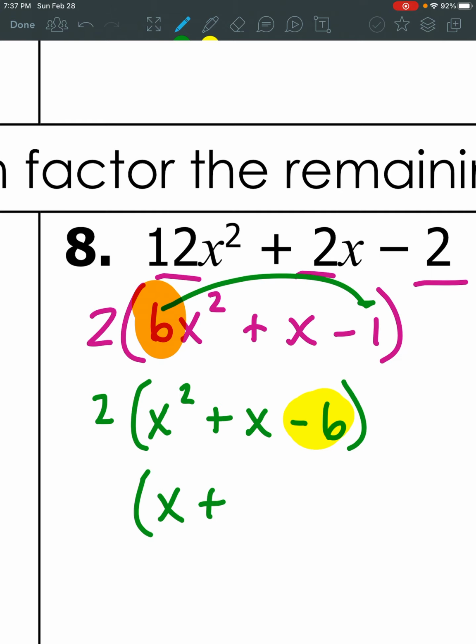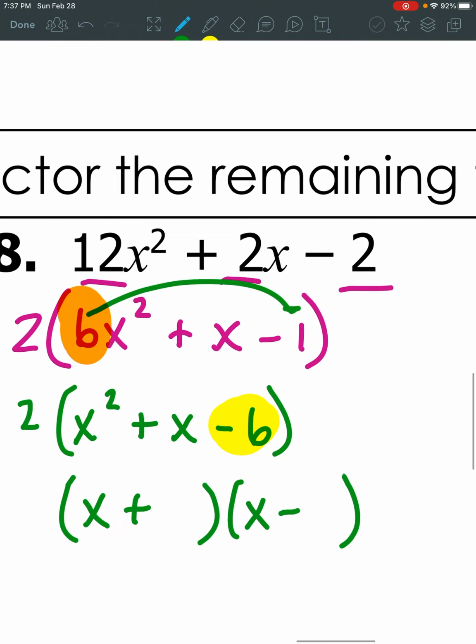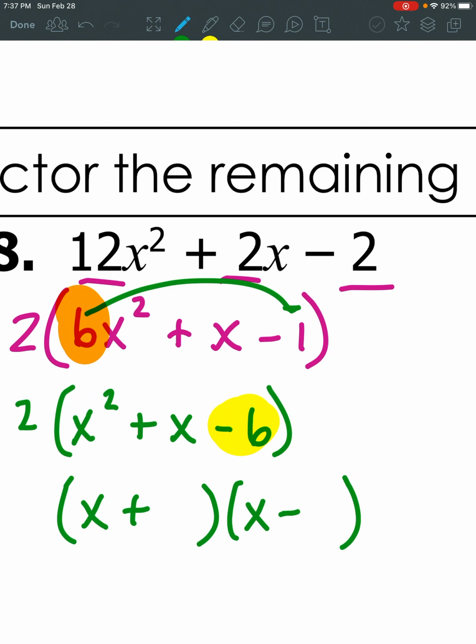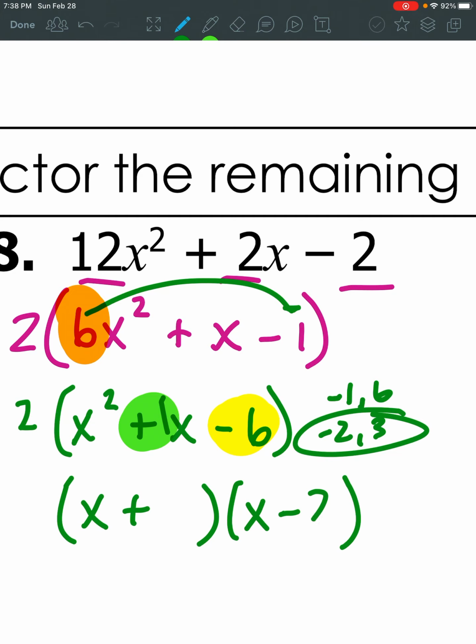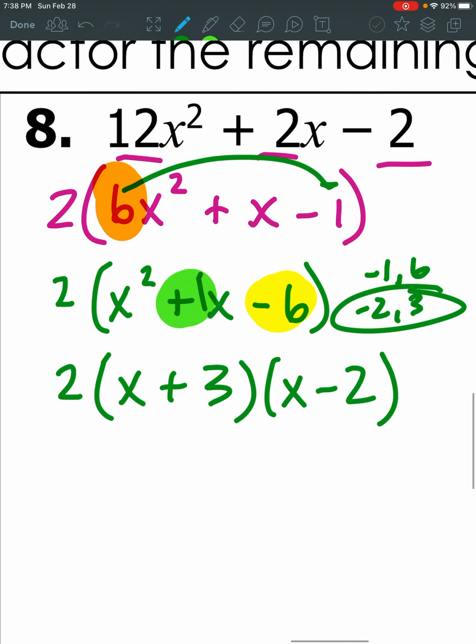So I know that one of these has to be x plus, one has to be x minus. And we're looking at factors of negative 6 that add to positive 1. So we have negative 1 and 6, and we have negative 2 and 3, and there we go. So x minus 2, x plus 3, and I'm bringing down that first GCF.